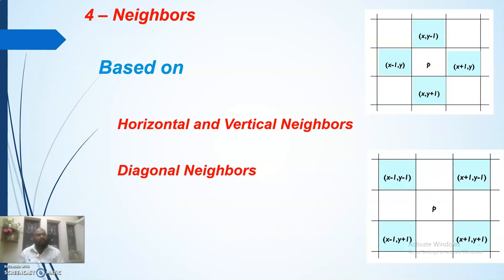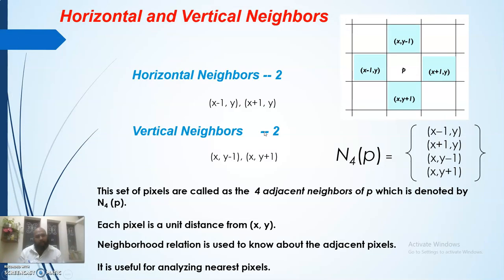In 4 neighbors, there are two classifications, that is horizontal and vertical neighbors, and diagonal neighbors. Based on the nearest pixel, how it is located, it is classified, and another classification, that is 8 neighbors.